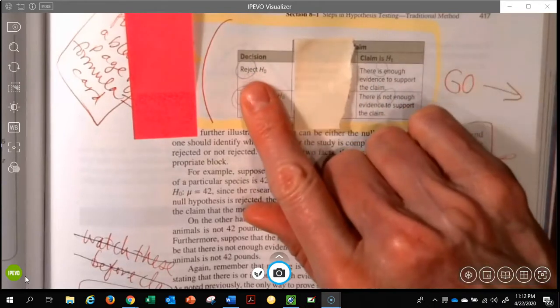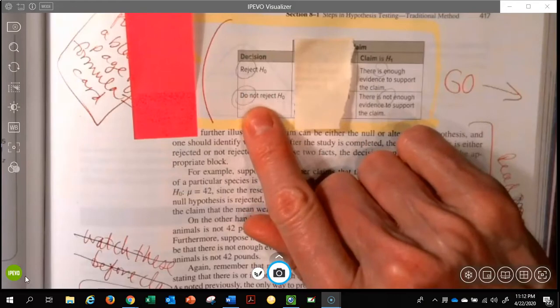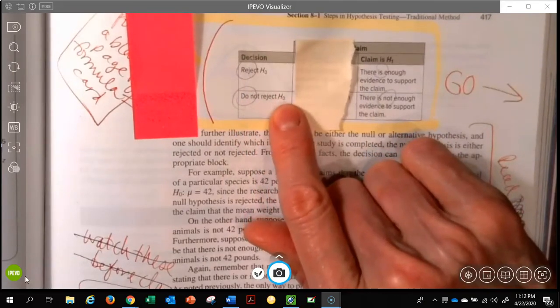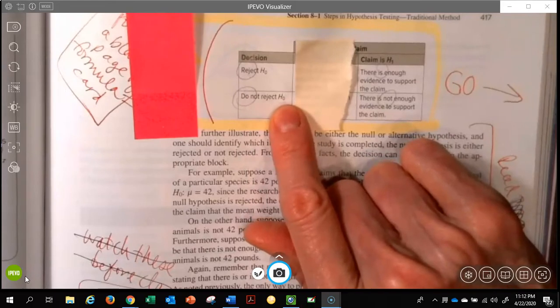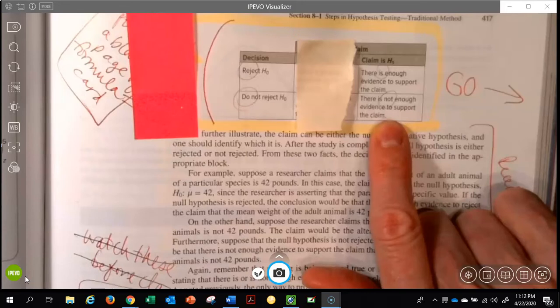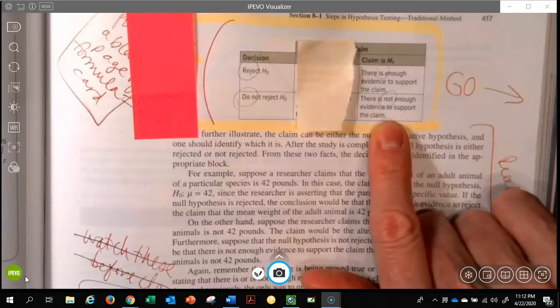Now, did we reject the null or did we not reject? We did not reject it because our Z value fell in the non-critical region, and so this is the statement we're going to use for our conclusion, but we have to add in some more pieces that are critical to the question that we were working on.